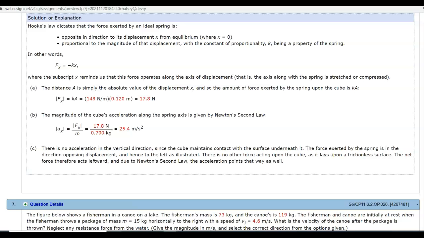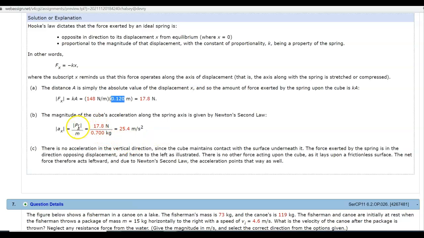And so the amount of force exerted by the spring upon the cube is K times A, K being the spring force constant and A being that distance. The magnitude of the cube's acceleration along the spring axis is given by Newton's second law.